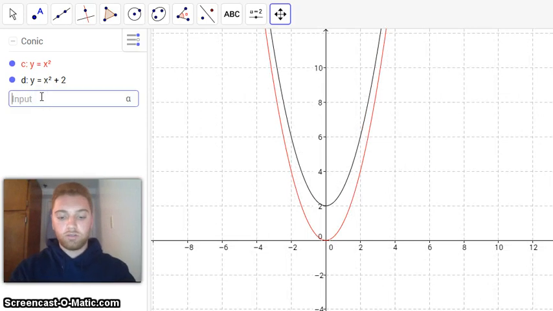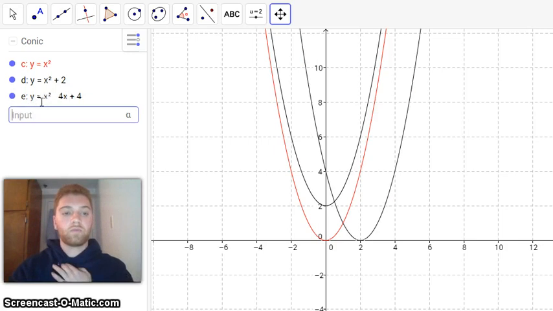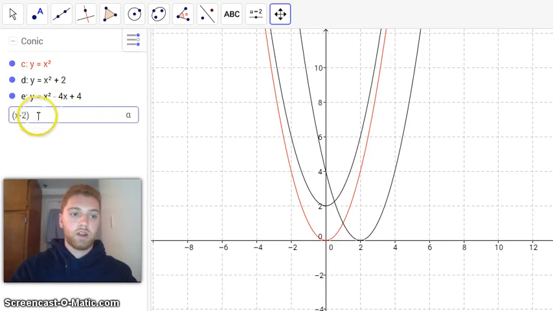Now we could also do this. You go y equals, you put parentheses x minus 2 squared. Now you see the function changed right away. It's the same exact thing as I put in as the parentheses x minus 2 squared.